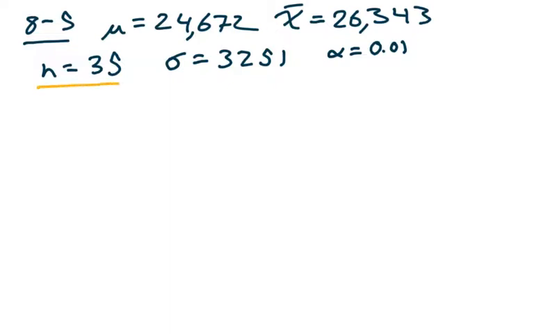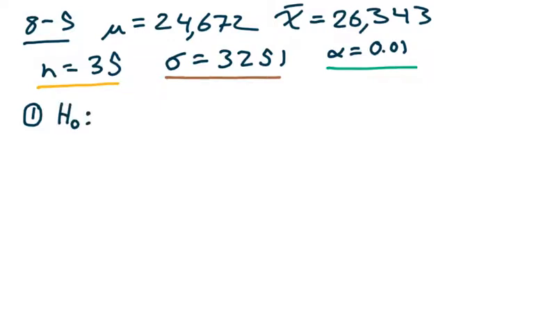The level of significance for the test is still 0.01. And then finally, they're assuming that we know the population standard deviation, and it is 3,251. So the only detail that is going to be different here is basically the method by which we perform the hypothesis test.